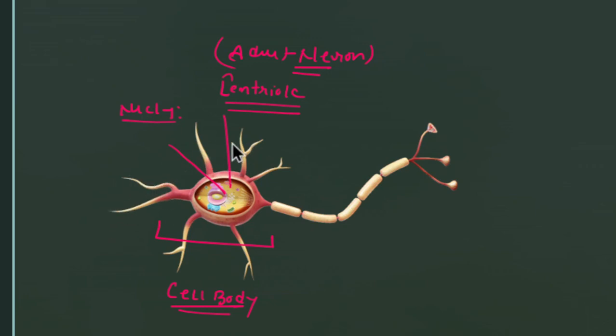In the cell body region, there are lots of dendrites. These are the dendrites. In the dendrite region, we have some receptors, and this receptor is known as the nicotinic acid receptor, or you can say niacin acid receptor.